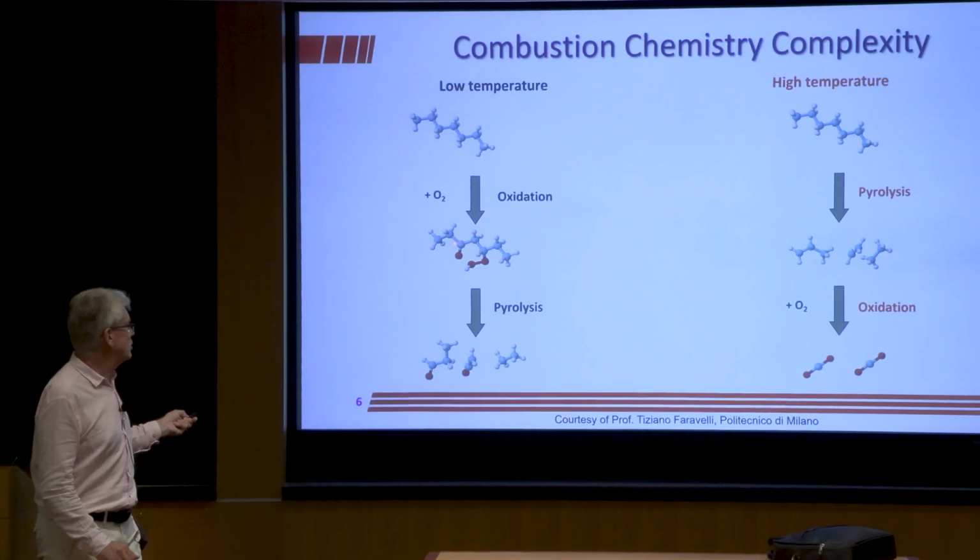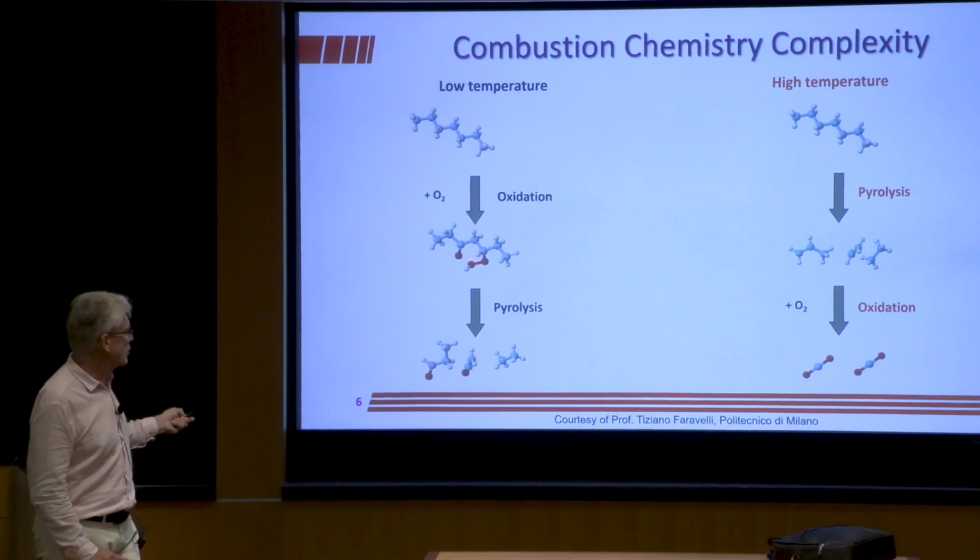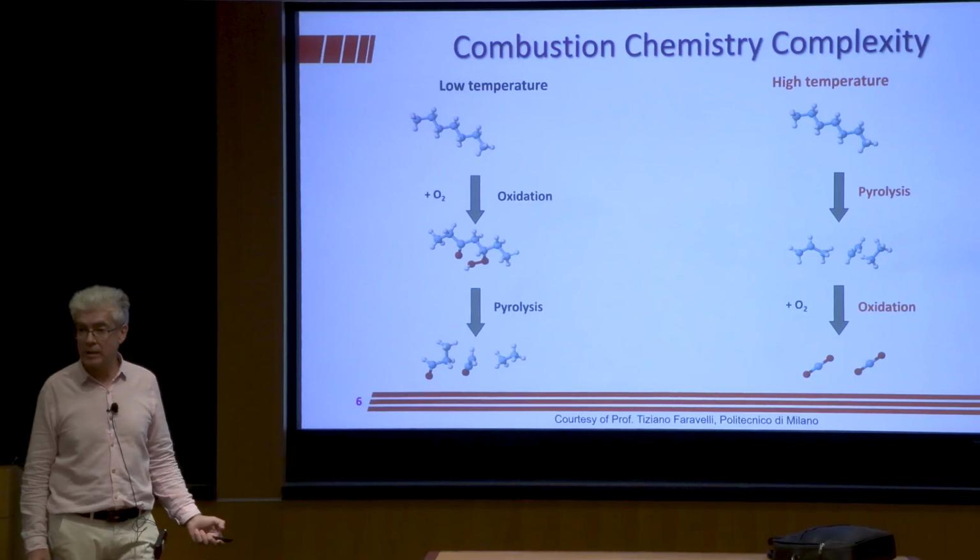Then RO2 generates these carbonyl hydroperoxide species, which undergo OO bond cleavage to generate two radicals, which gives you branching at low temperature.